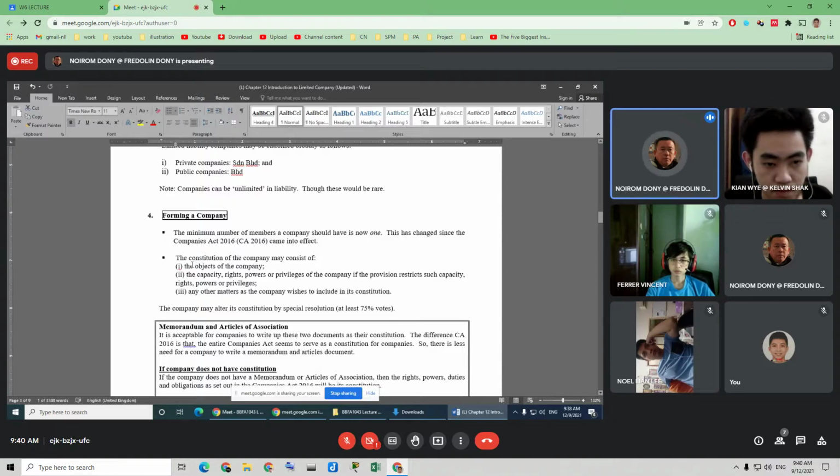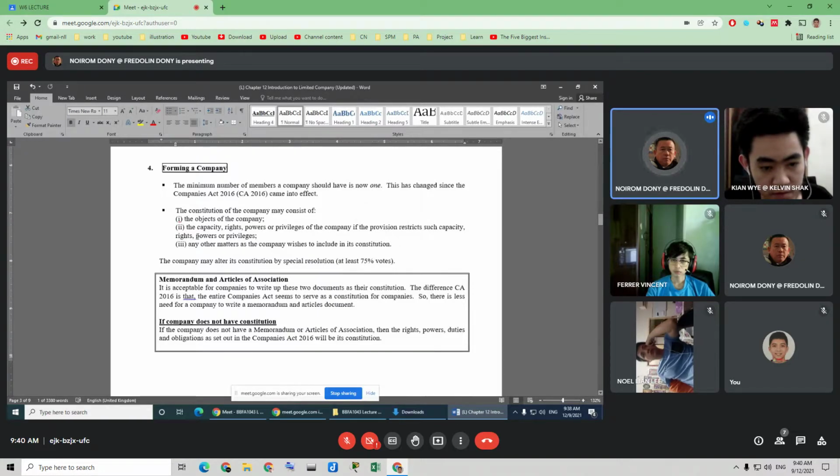The constitution of a company may consist of the object of the company, and the capacity, rights, powers, and privileges of the company if the provision restricts such capacity, rights, powers, or privileges. So if there is a restriction, the constitution will state the capacity, rights, powers, or privileges.